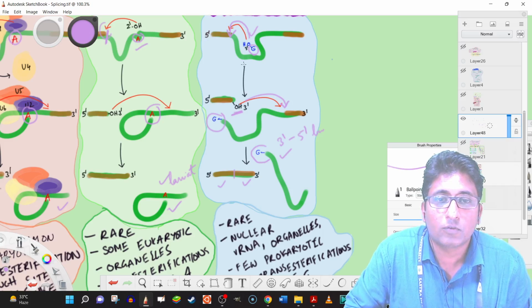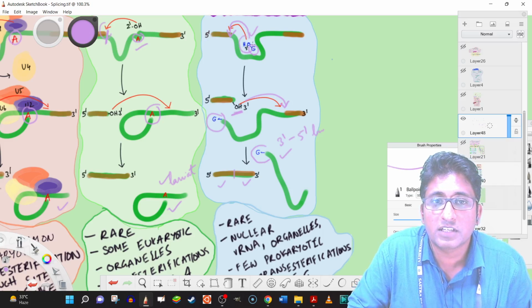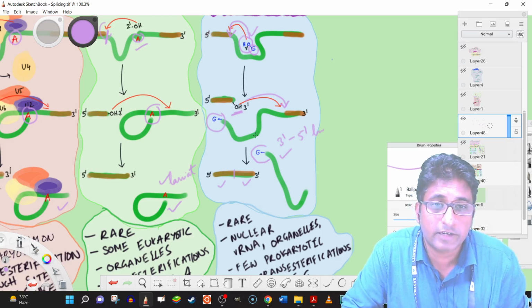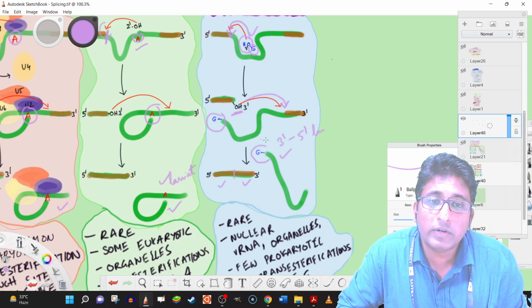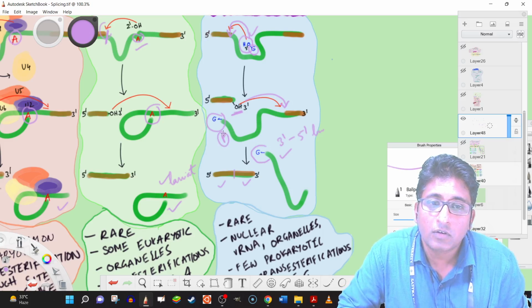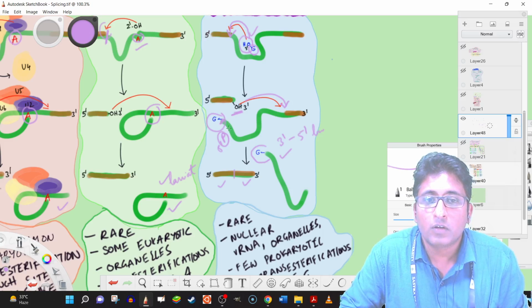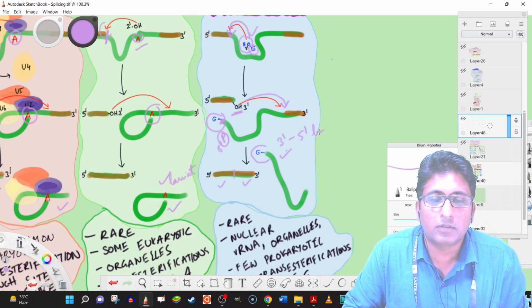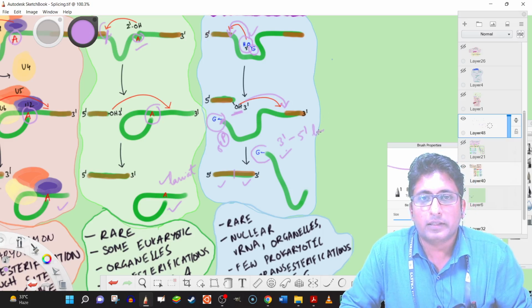Remember that we have the 3' OH that is getting activated and making a transesterification reaction with this. So we would have had a phosphate on the 5' side of this intron, which is now bound to the 3' OH of the G. That is quite normal, like the other linkages.